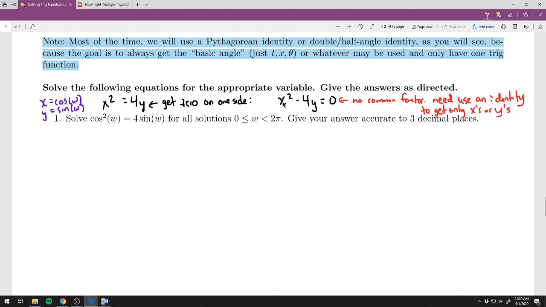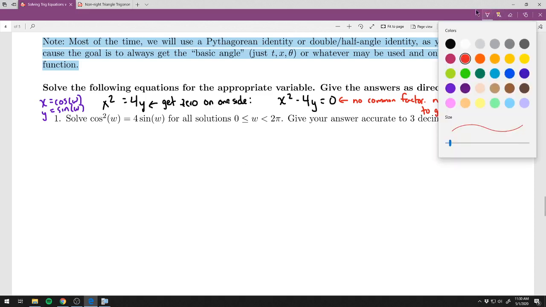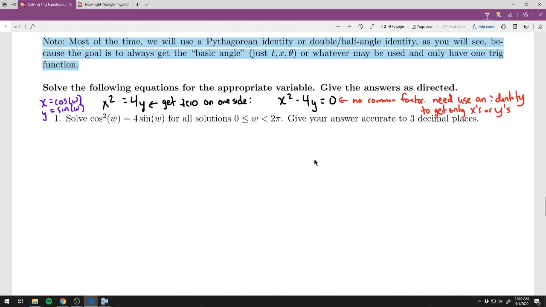Right? If this was x times y, it'd be just like the first one we did today. We could factor out the common factor and go on. But we do not have that.